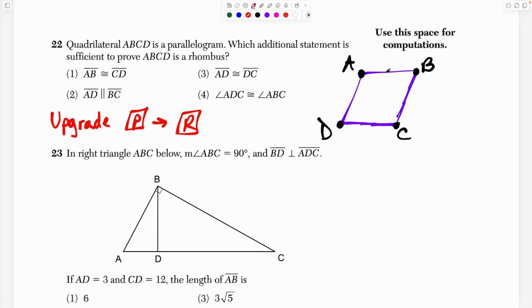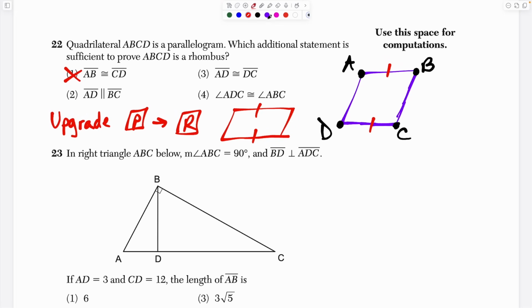So when they say AB is congruent to CD, that is true for any parallelogram. Any parallelogram, opposite sides are parallel and congruent. So that wouldn't be something special, unique to just a rhombus. If I just draw any parallelogram that's clearly not all four sides equal, the opposite sides though are always going to be equal. So one is out because that's nothing special.